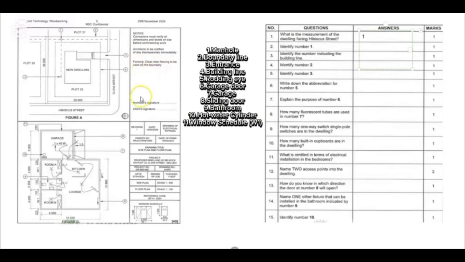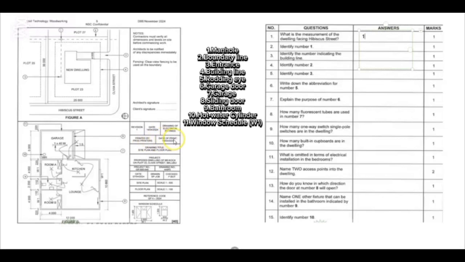The architect is going to sign here and the client is going to sign over here. Below that we have the revision and the date it was done, the revision that was done, and the company that printed, which is Frog Printers, and printed in the drawing title is site plan and floor plan.